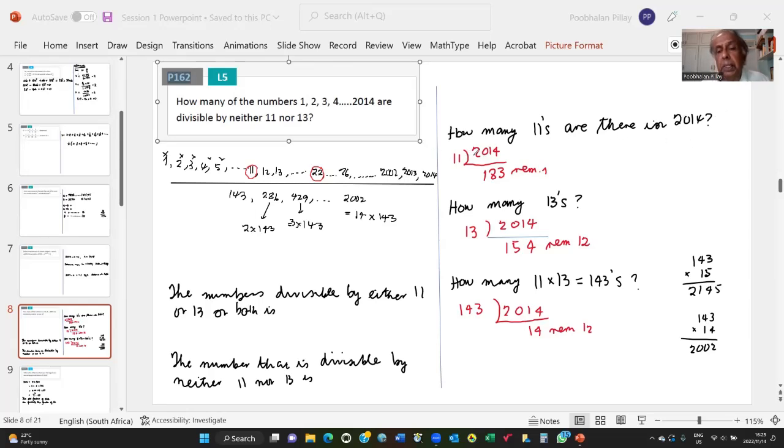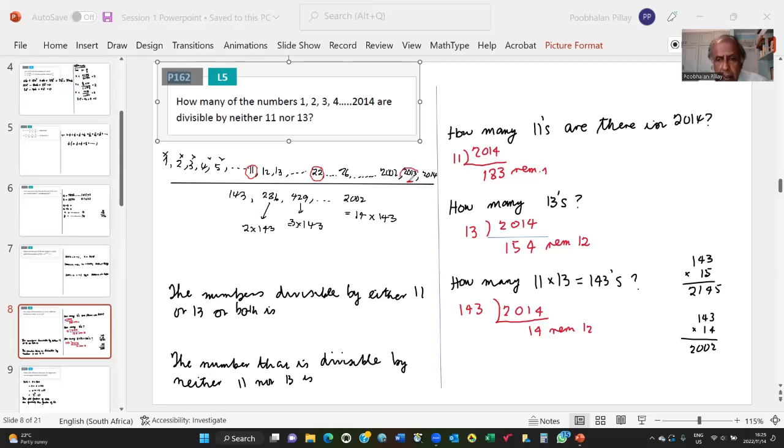So you have to divide 2014 by 11, and you see it's 183 remainder 1. You have to know how to divide this without using the calculator. So it means that if you take 1 away from 2014, you get 2013. This number here is 11 times 183.